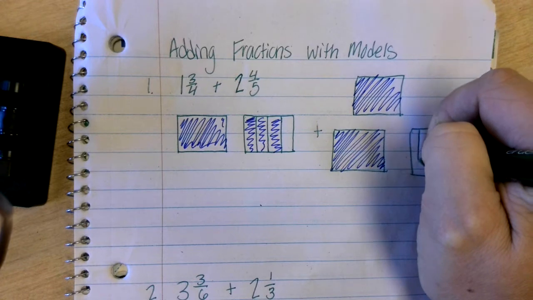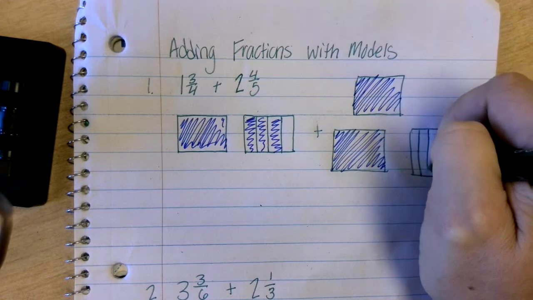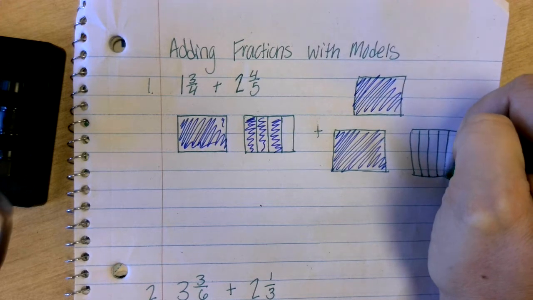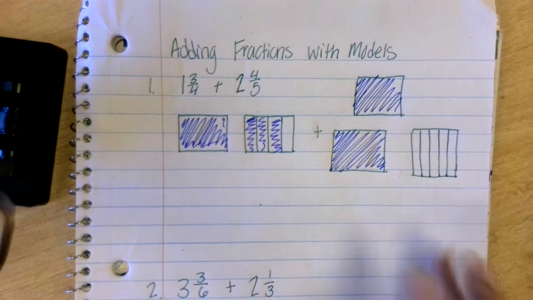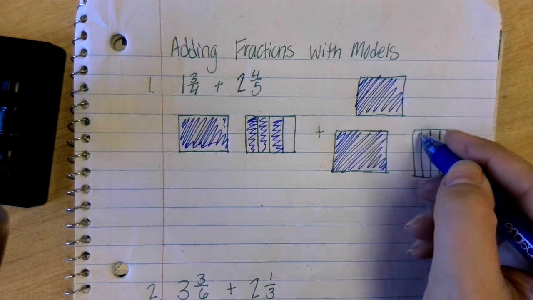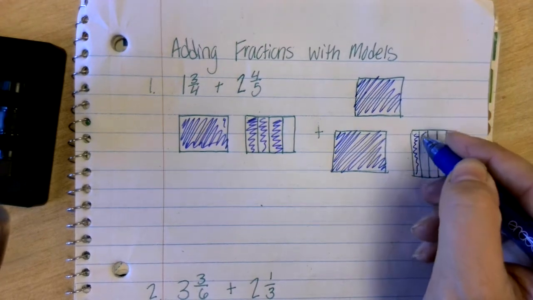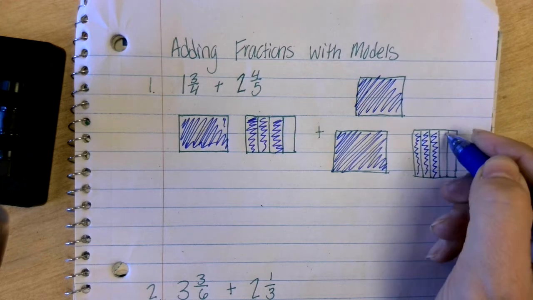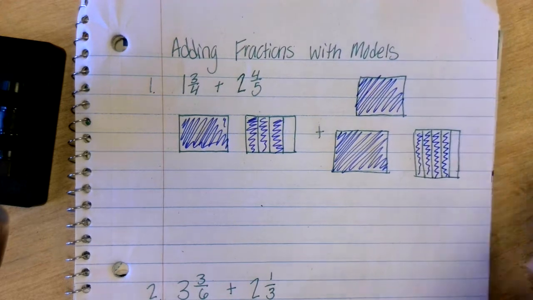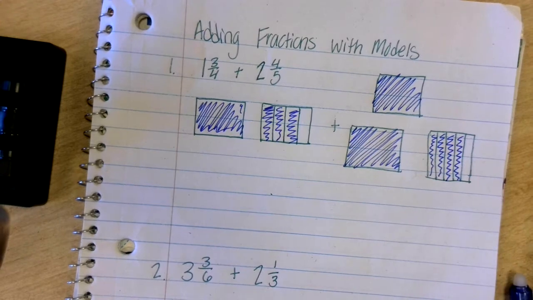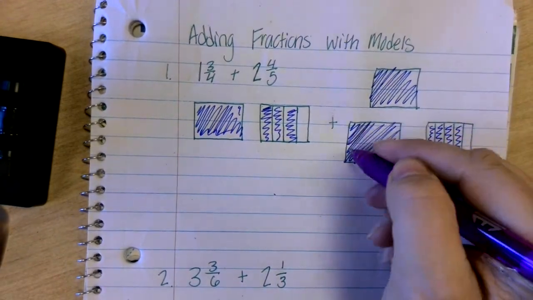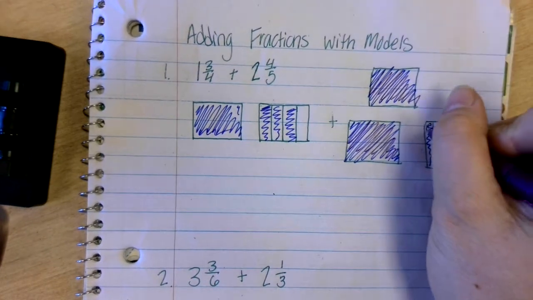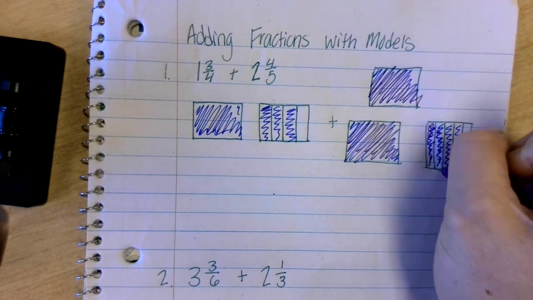So I'm going to do 1. Okay, just like that. And now I have fifths. And I'm going to shade 4 of those. 1, 2, 3, 4. Okay. So I actually meant to do that in another color. So I'm just going to go over that in purple. So you get the double color on that one.